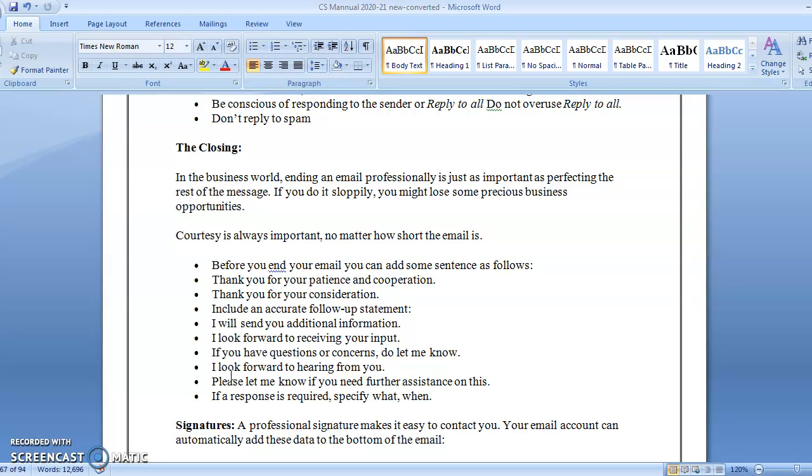If required, specify what and when. I look forward to receiving your input. These are some sentences you can always attach to your email copy.